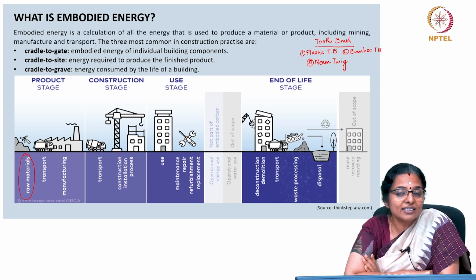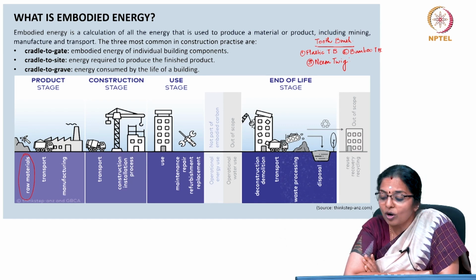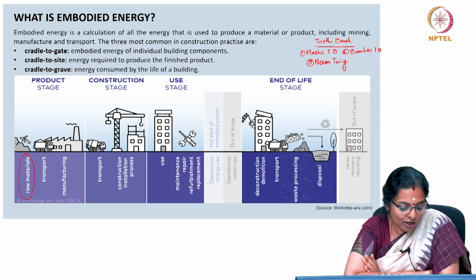Then second is transport. What does it entail to transport the raw material of a plastic toothbrush? What does it entail to transport a bamboo toothbrush base and its plastic bristles? Is there any transportation involved in a neem twig? This analogy you take.